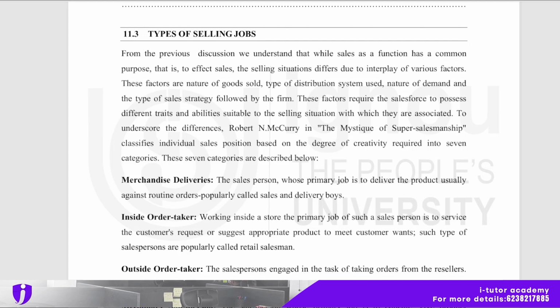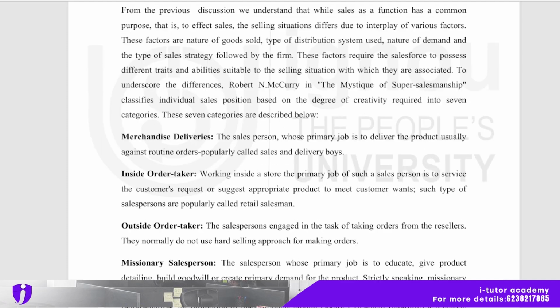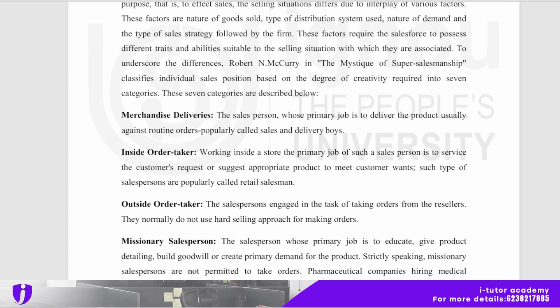So it affects sales. The selling situations differ due to the interplay of various factors. These factors are the nature of goods sold, type of distribution system used, nature of demand, and type of sales strategy followed by the firm. Robert N. McMurry, in The Mystique of Super Salesmanship, classified individual sales positions based on the degree of creativity required into 7 categories.